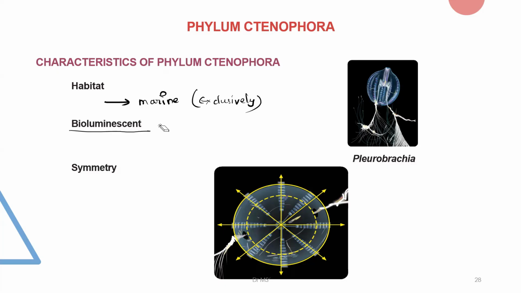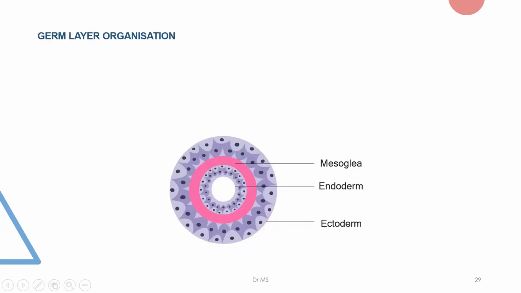And they show radial symmetry. Remember, they will show radial symmetry. So level of organization, these are still diploblastic organisms. So what layers do they contain? Outer ectoderm, inner endoderm, and an undifferentiated middle layer, which we call mesoglea. Still they show the diploblastic level of organization.